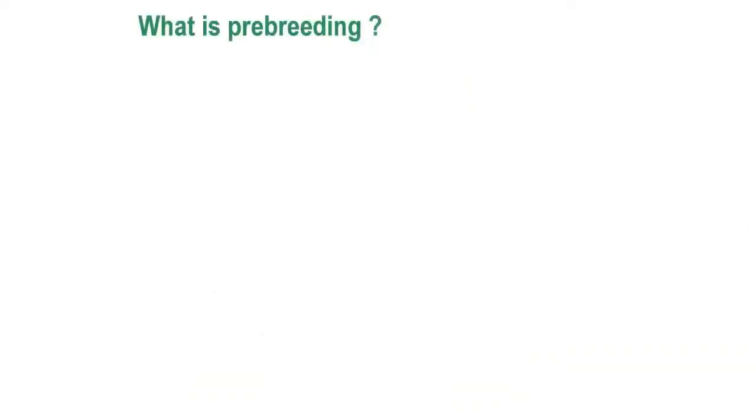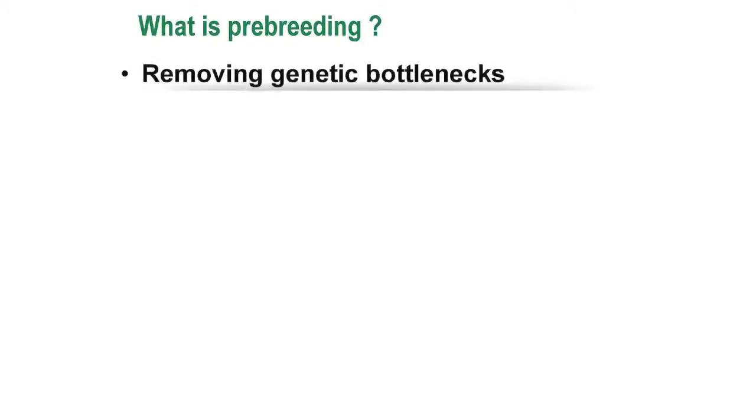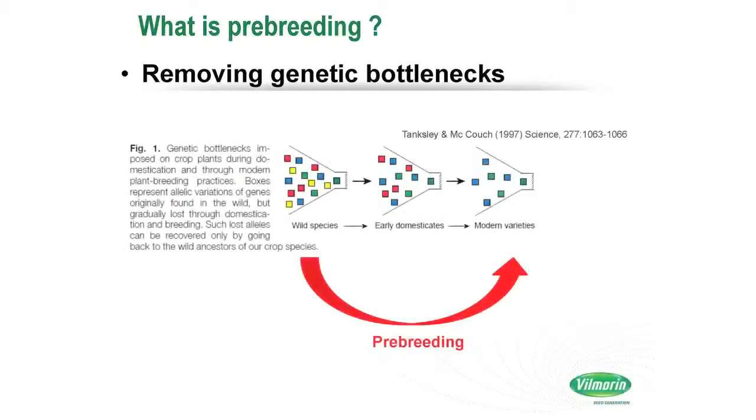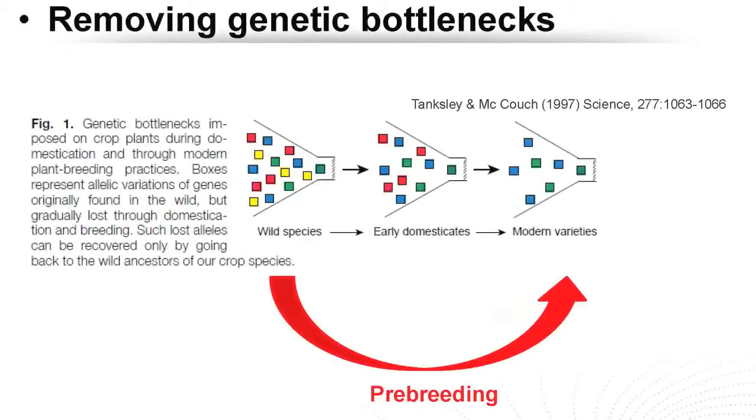About the definition of pre-breeding, one of the main definitions is to remove bottlenecks. For all crops, it moves from wild species to domestication and to breeding for modern varieties. At each step, you see a huge bottleneck that eliminates a lot of diversity.